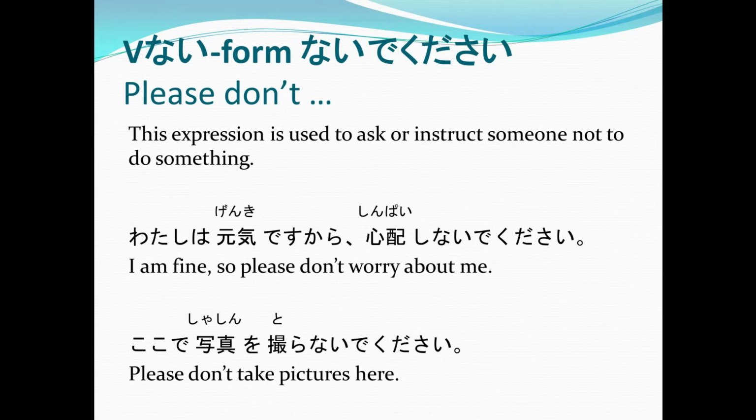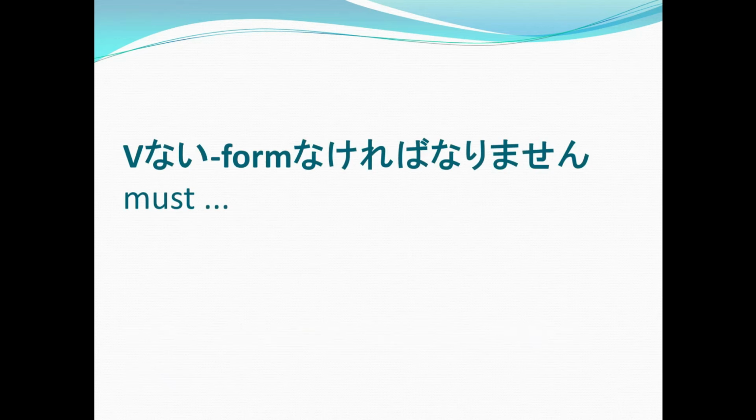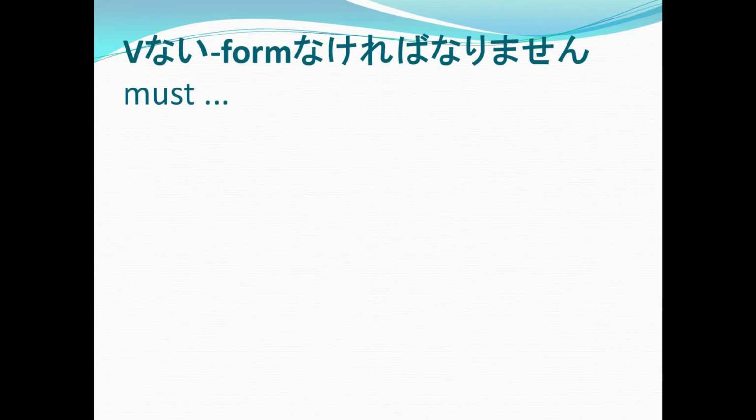So, it will become toranai de kudasai. Wakarimashita minasan? Wakatta ne. Now, the next sentence pattern using nai form of the verb is verb nai form nakereba narimasen.